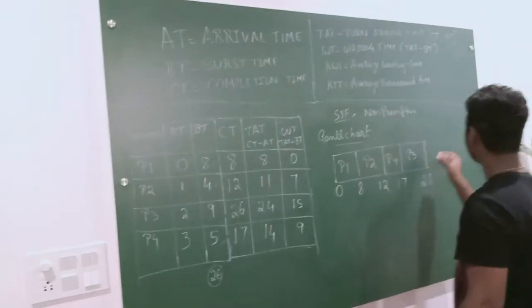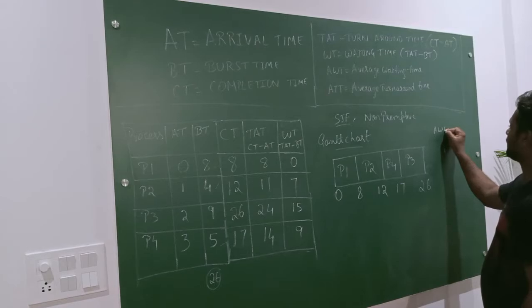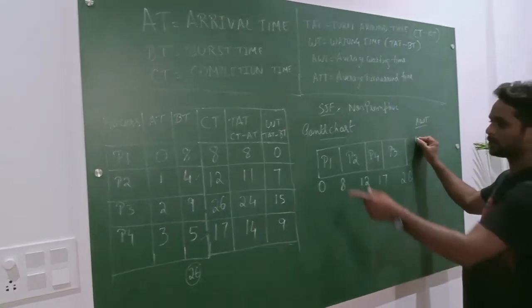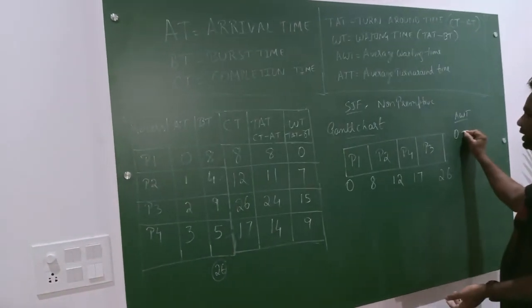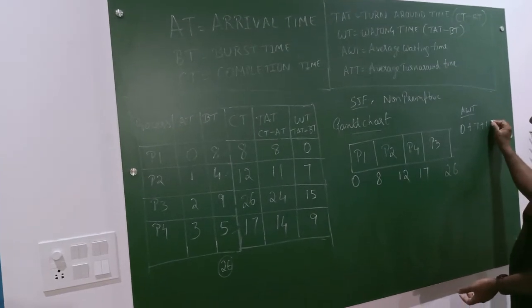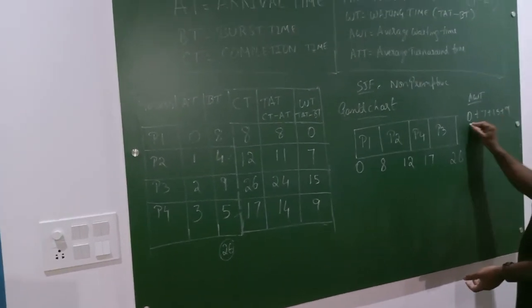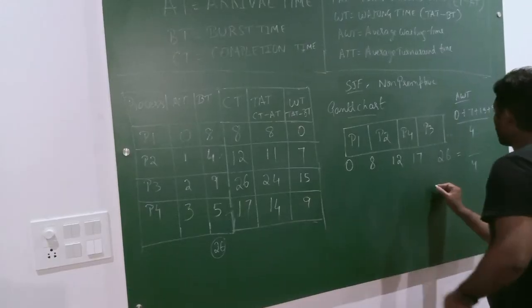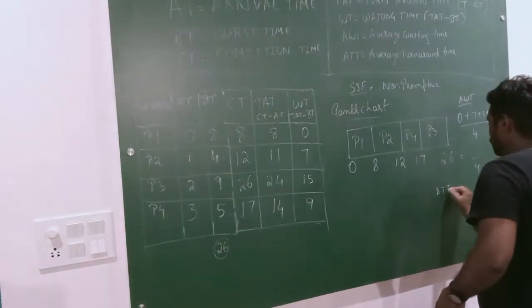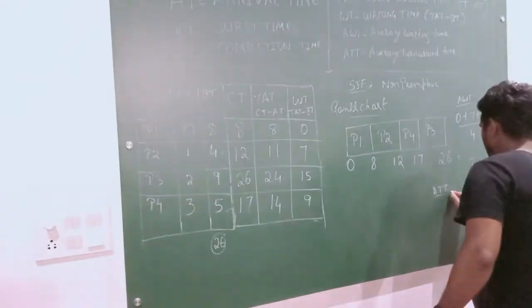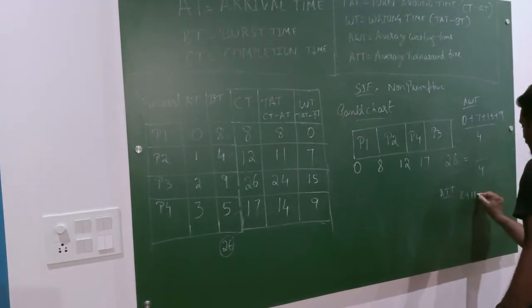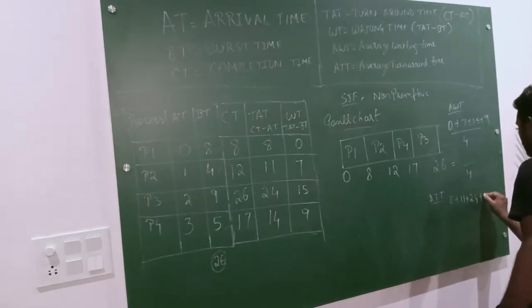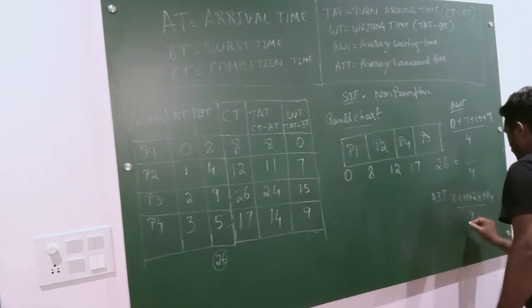So now it is easy for calculation. Average waiting time is 0 plus 7 plus 15 plus 9 divided by 4. Average turnaround time is 8 plus 11 plus 24 plus 14 divided by 4.